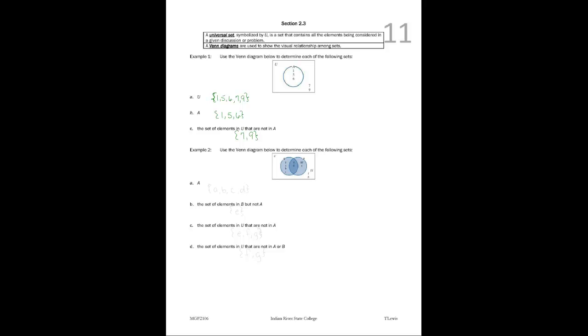If I say intersection, just to give you a heads up, we're talking about what A and B have in common. But right now, we just want to see what is in A. We have A, B, C, and D. That's in set A.